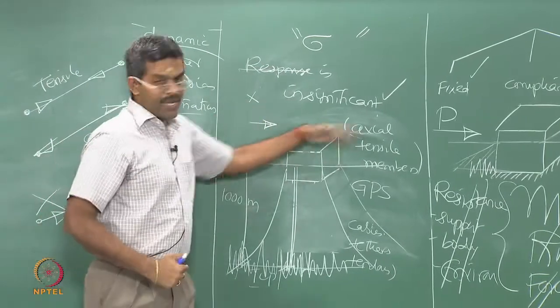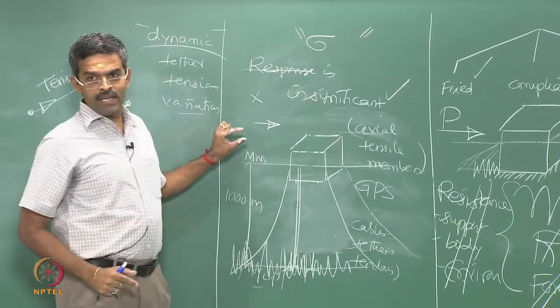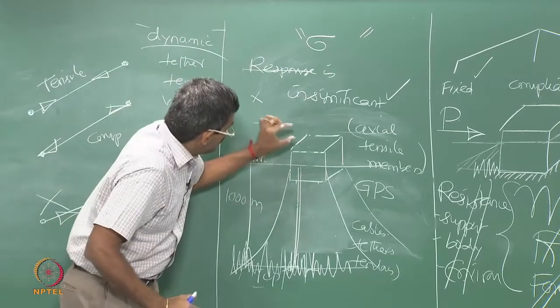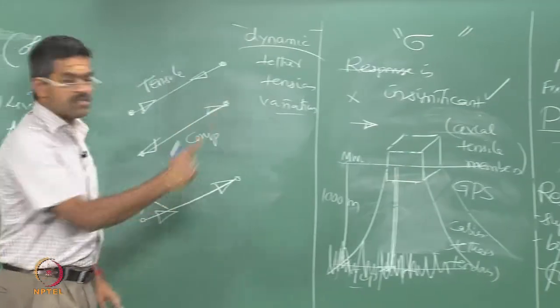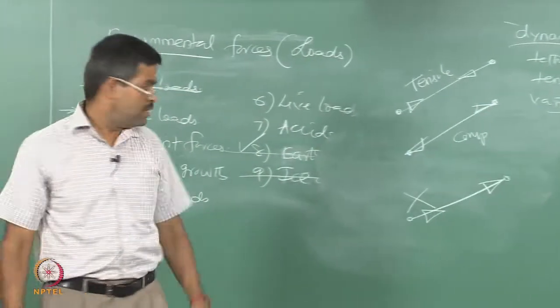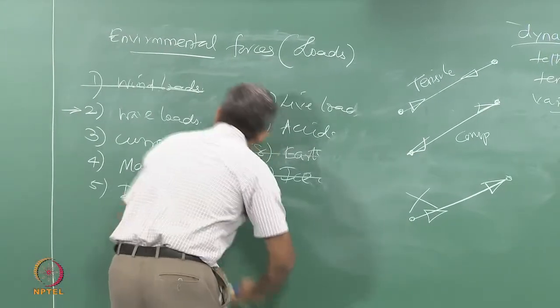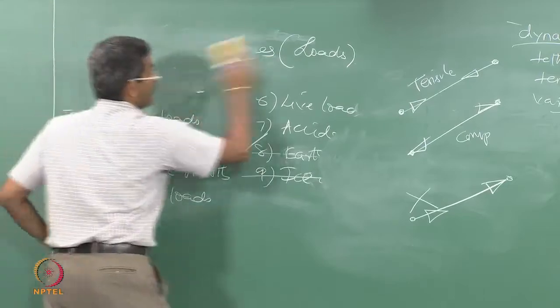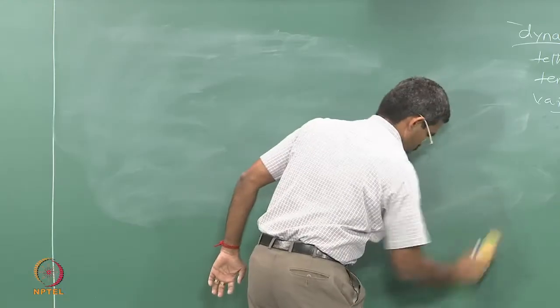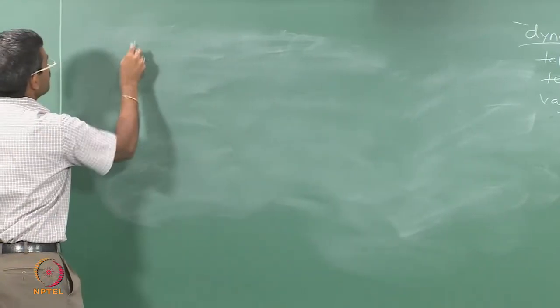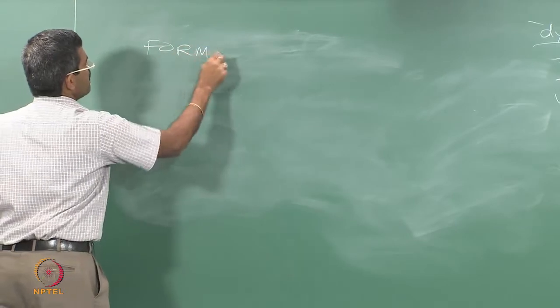Is it the wave height? Is it the tidal variation? Is it the buoyancy or the variable submergence? Is it the wind force? What is causing the difference in the action? So, it becomes very important that the structural form becomes very important.